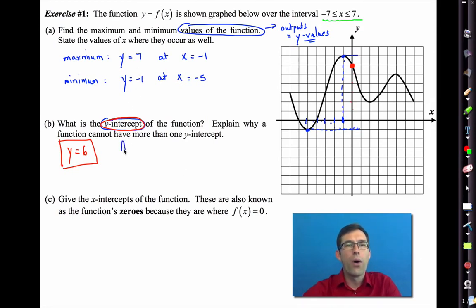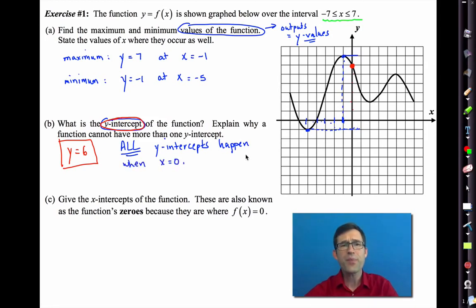All y-intercepts happen when x equals 0. That's important. Every time you cross the y-axis, it happens at a place where x is equal to 0.